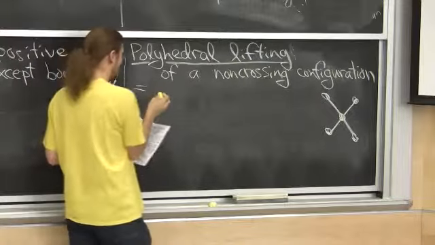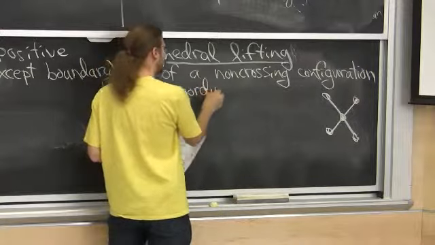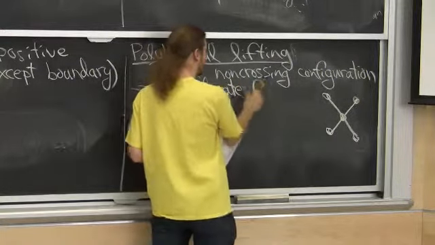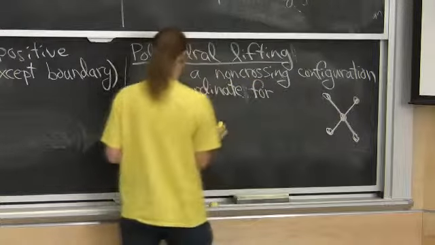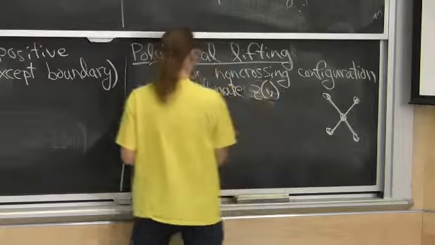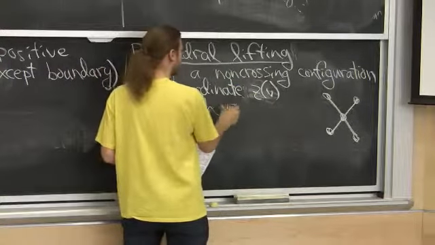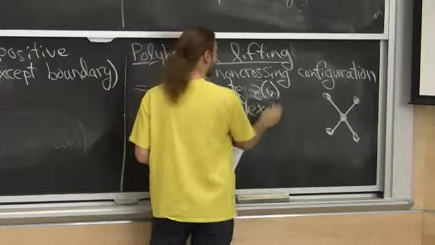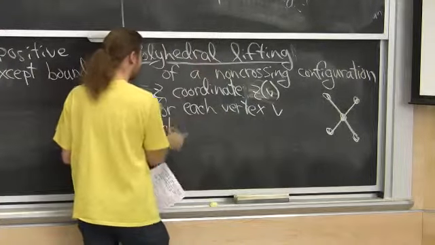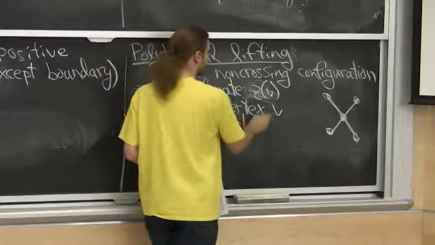Polyhedral lifting is going to be an assignment of z-coordinates to the vertices. So it's going to be a z-coordinate z of v for each vertex v, such that each face remains planar.